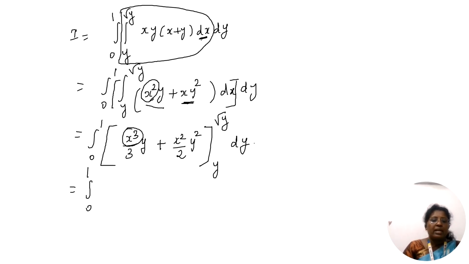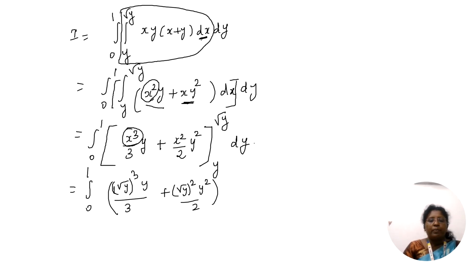So x is replaced by root y, and we'll be getting root y the whole cube into y divided by 3 plus, here this x is replaced by root y, so we'll be getting root y the whole square into, already there is y square, divided by 2. So this is the upper limit.